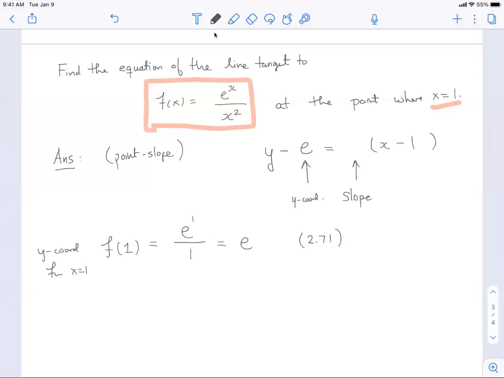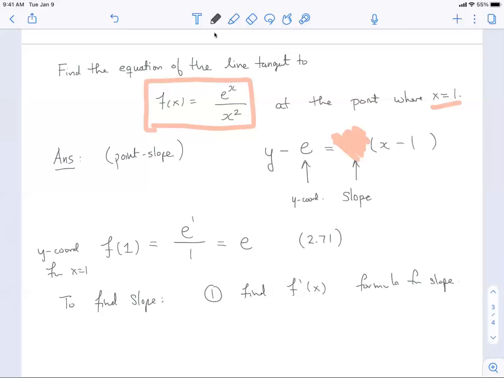And now, in terms of making progress on this problem, we're almost done. The only thing missing is to find that slope. And the way that we find the slope, the first step is going to be to find f prime of x. So we find the derivative. This is what I like to call the formula for slope.